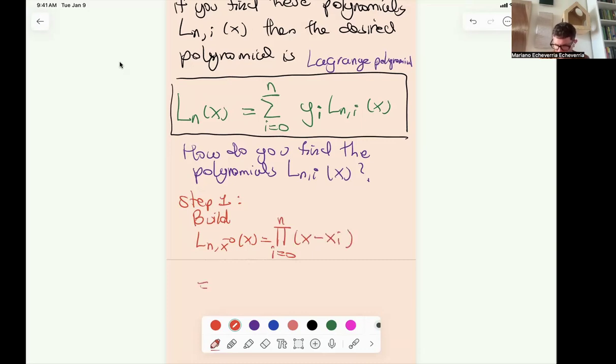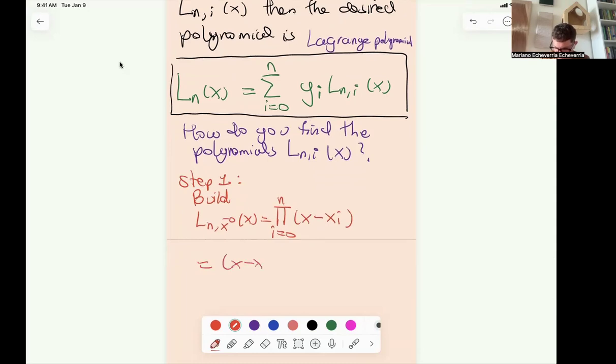This is the product notation: x minus x0, x minus x1, up to x minus xn. So this is a polynomial that is zero precisely at all the different x values.